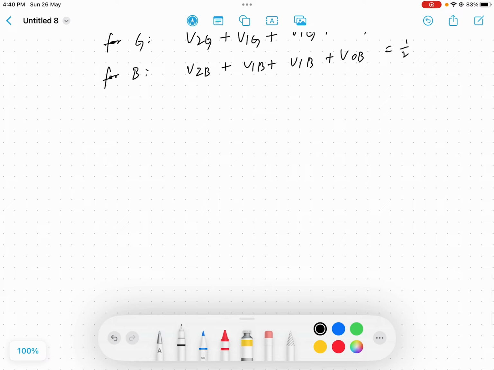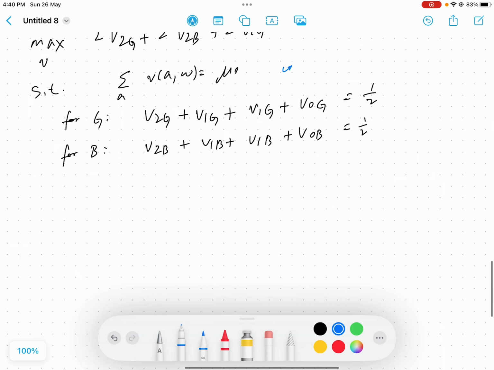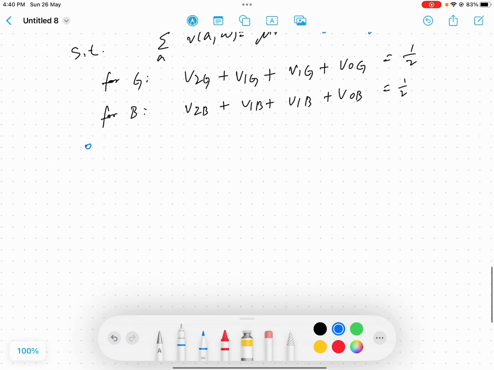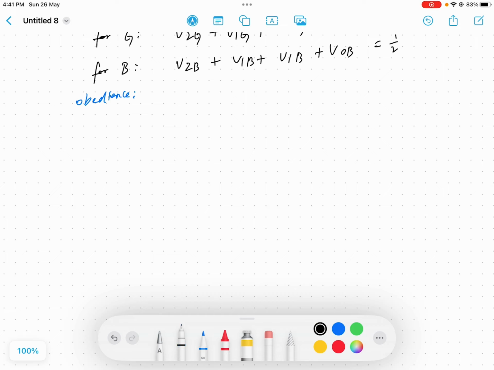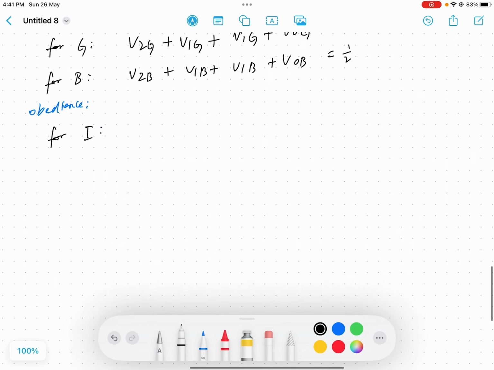And how about the requirement for the obedience? So let's just write some note, consistency for the BCE. And here we have the obedience. Okay, so for the obedience, let's first say that we're looking at the action I, okay, for player i. So it's nothing but the expected payoff, which is x plus epsilon, okay.